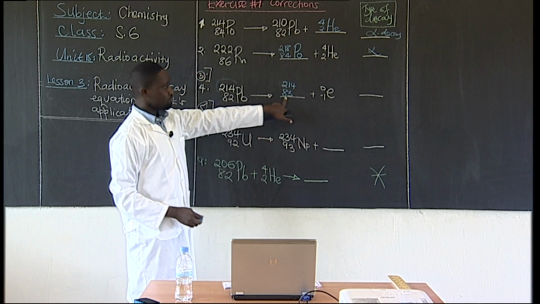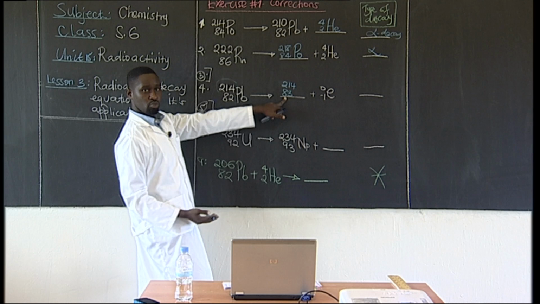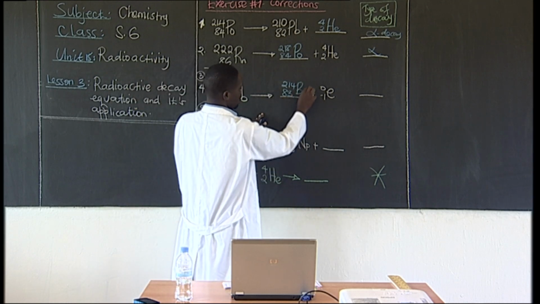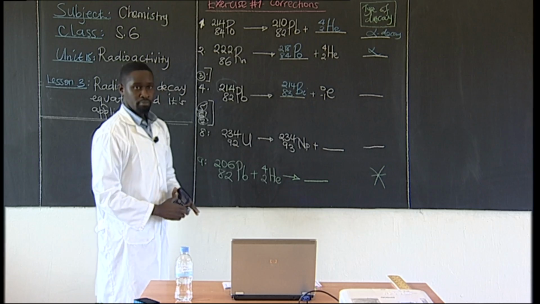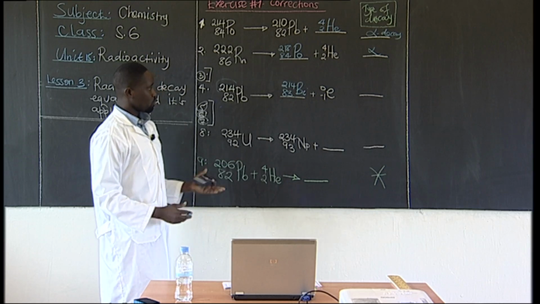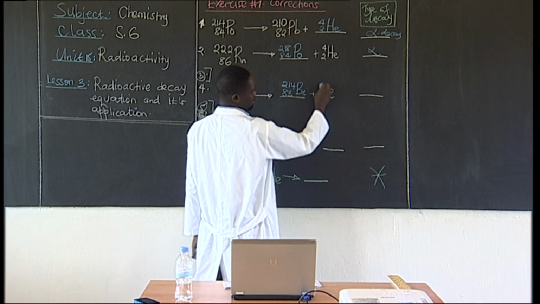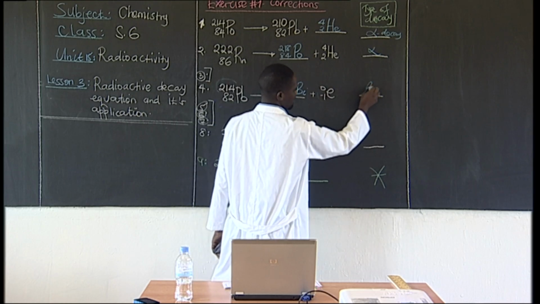The element, you look into the periodic table, this will be directly bismuth, 83. So, what is the decay here? As we looked, this is a beta decay.